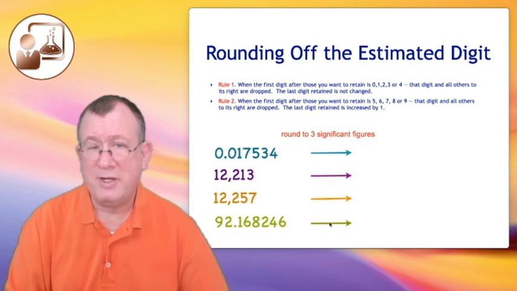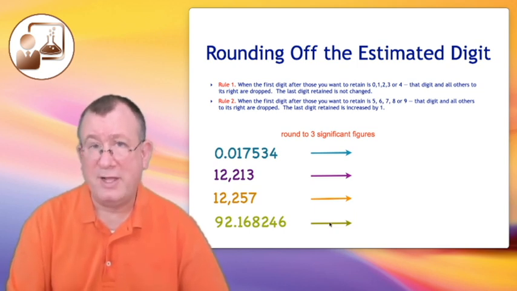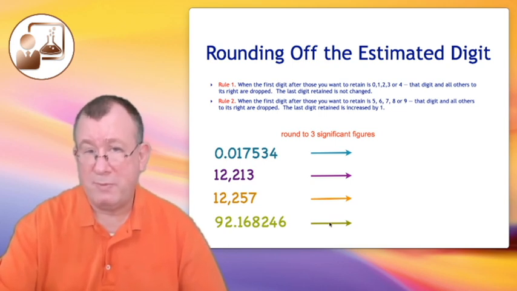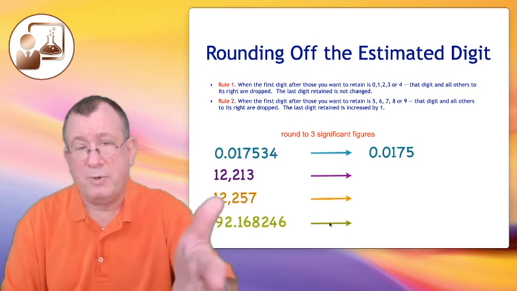So the 1, the 7, and the 5 are significant, and the rest is calculator noise. So I do my calculation, 0.0175. I want to round it off between the 5 and the 3. Just draw a line after the 5. What's after the 5 is less than 50% of the way to the next digit, so I just throw it away. That 3, 4, it's less than 50%. I throw it away.